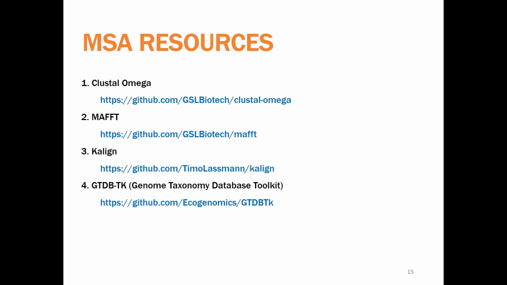Since we didn't create the multiple sequence alignment together, there are tons of different tools out there to create multiple sequence alignments. Again, there's Clustal Omega, MAFFT, K-Align. I used the Genome Taxonomy Database Toolkit, which I really like, but this tool takes about an hour just for the 15 that I ran.